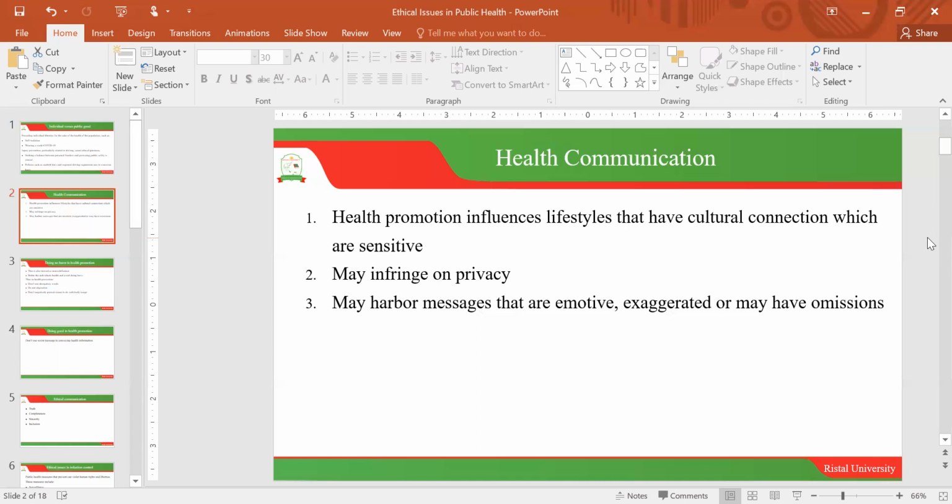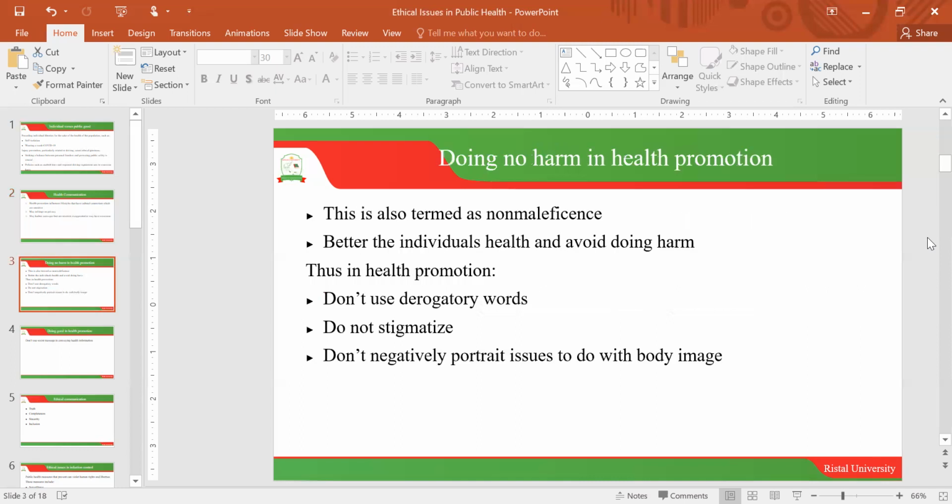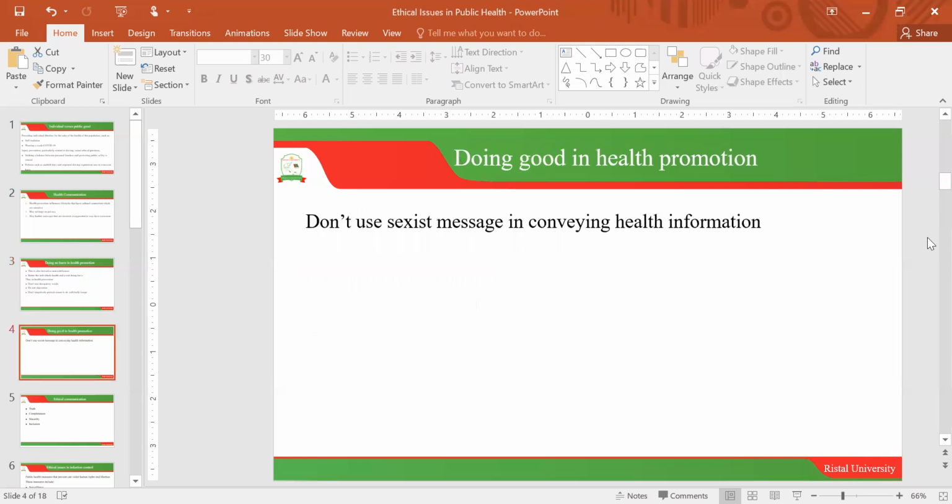Make sure that you're thorough with your health message and you have not left out anything or made any omissions. Generally, you don't want to do something bad. You don't want to use words that are not good. You don't want to stigmatize, or use words that portray certain people in a negative way. Always do the good thing. Don't send messages that are sexist in nature.